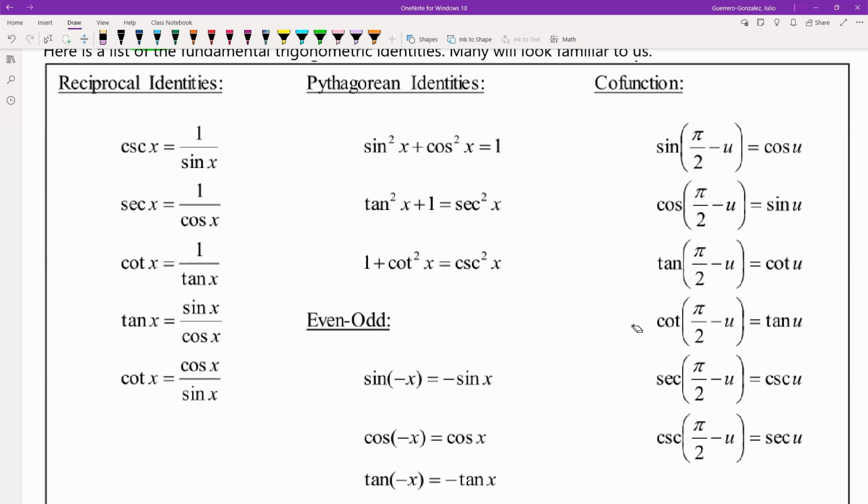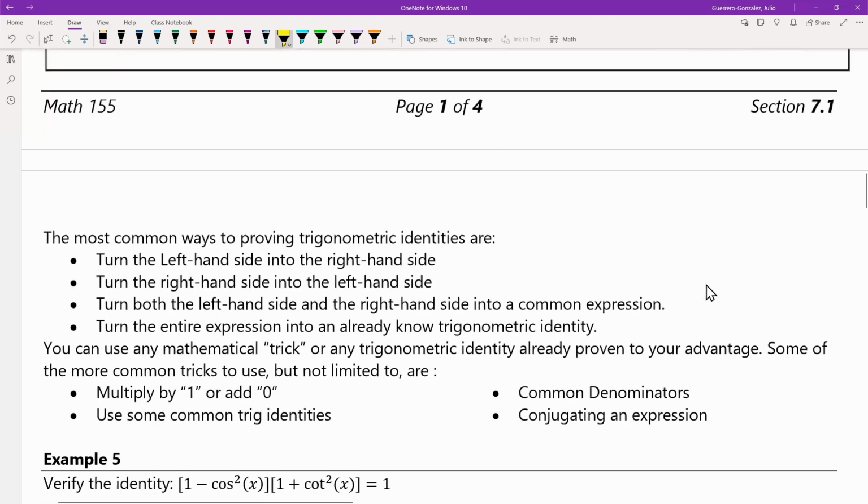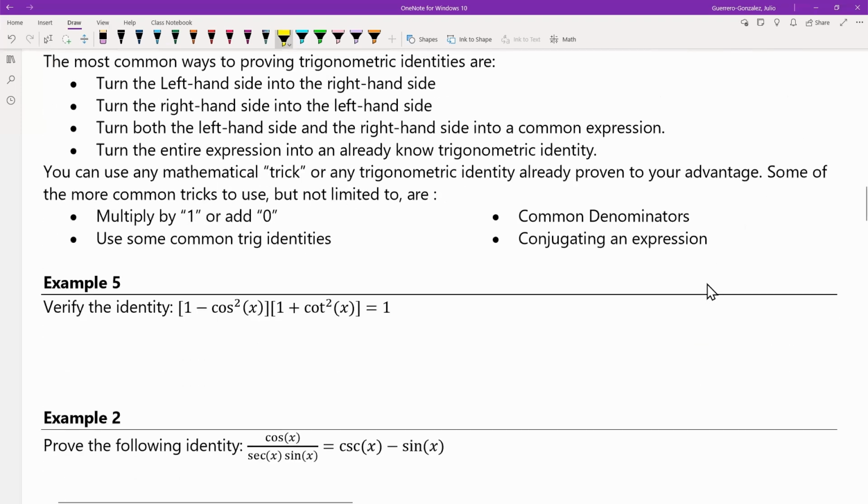Essentially, what we can do with all of this stuff here is find and prove other trigonometric identities that are not stated, okay? Okay, so what do I mean by that, okay? In terms of proving trigonometric identities, right, let me at least just go through the game plan, okay?